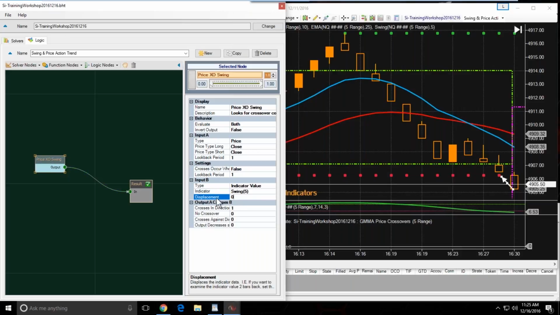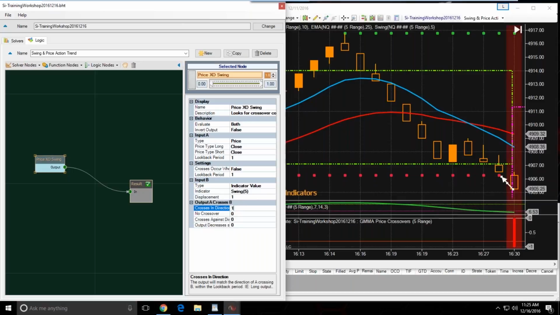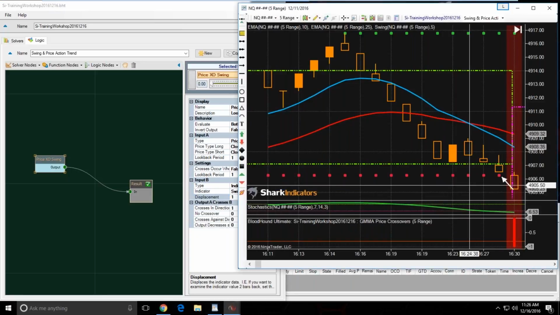So what we need to do is use a displacement so we can look back one bar, like so. You notice as soon as I put that displacement in, I got a red signal. I got a short condition there.